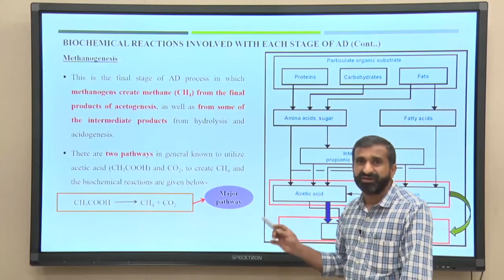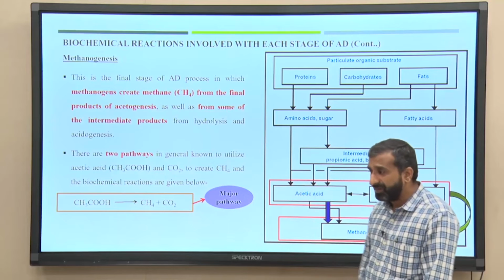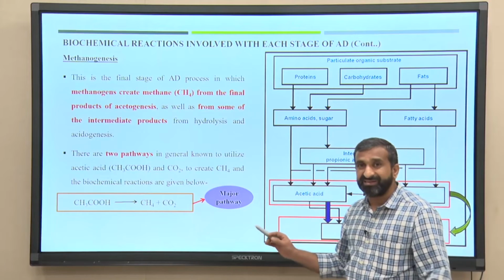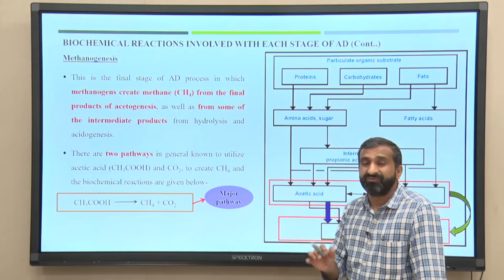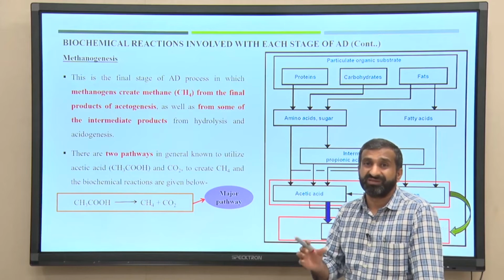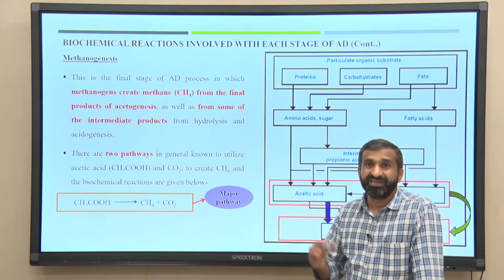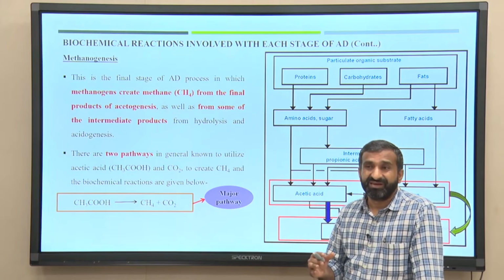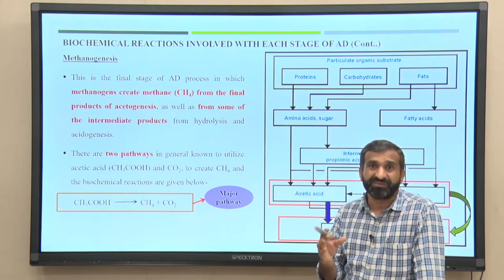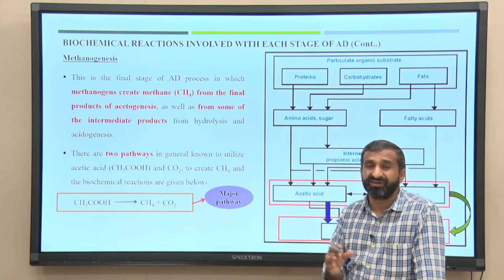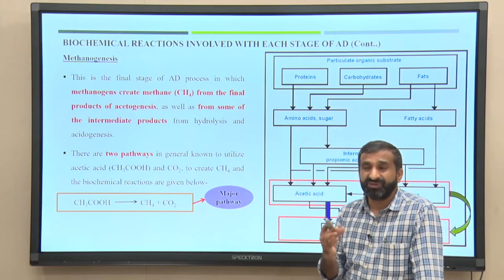could only be possible at neutral pH, and again the problem is that the methane forming bacteria are not that strong as compared to the acid forming bacteria, and that is why the buffer or buffering capacity always needs to be discussed in the anaerobic digestion process.